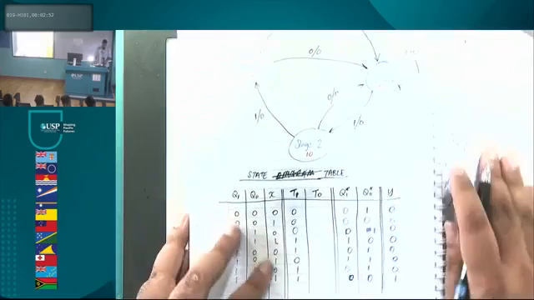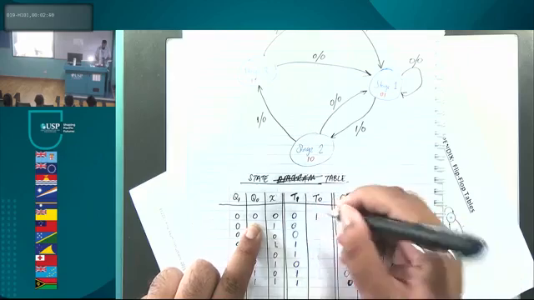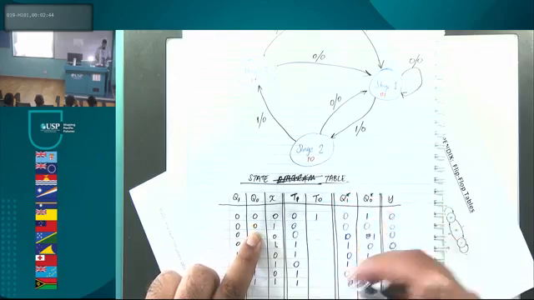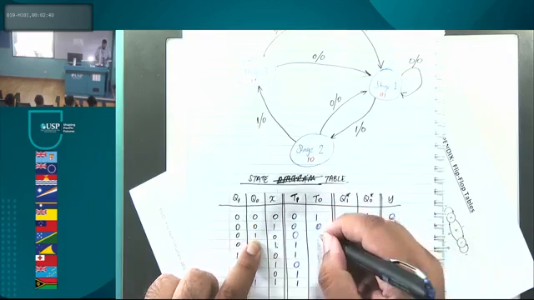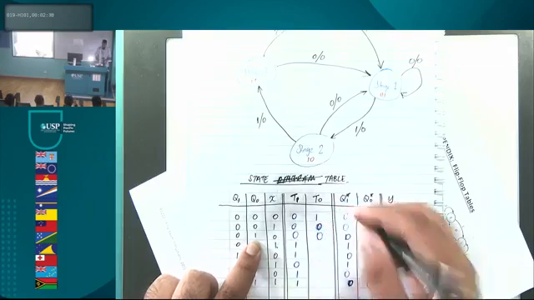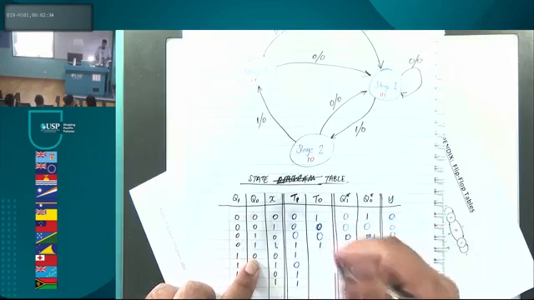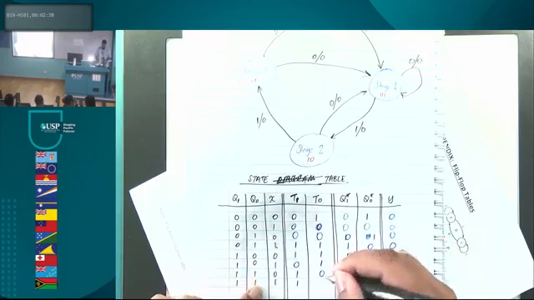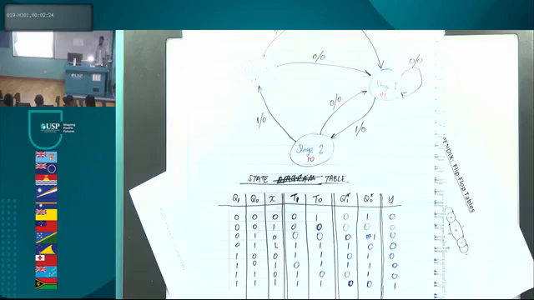Oh, sorry. 0, 0 is 0. 0, 1 is 1. 1, 0 is 1. 0, 1 is 1. 1, 1 is 0. 1, 0 is 1. Okay, there we go.